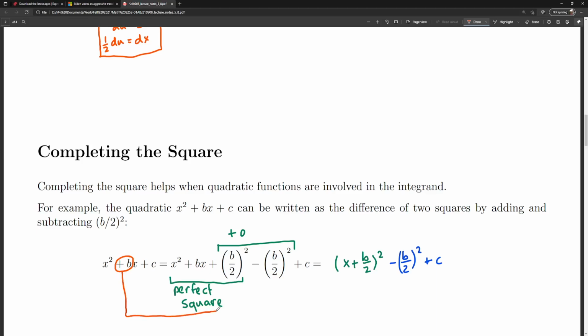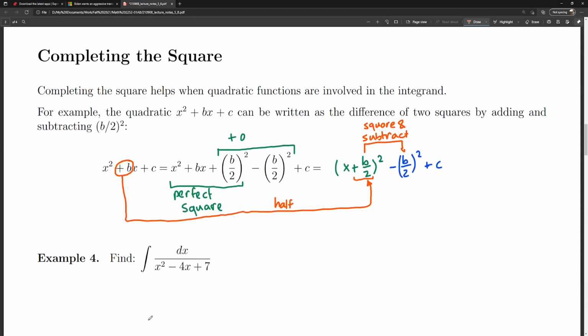Then you take that plus b and divide it by 2. So you take half of that, and now that ends up inside the parentheses with the x, and you square that. And then that b over 2, whatever is inside, you square and subtract that. And then you just keep the plus c that's at the end.